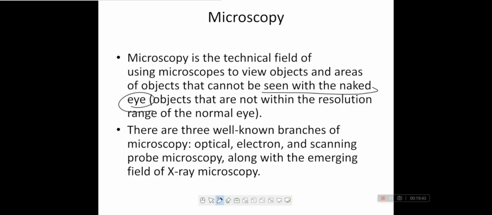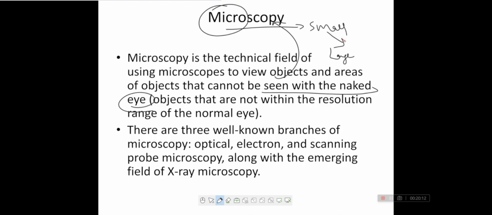The substances or microbes which are not seen by the naked eye are seen with the help of a microscope. From the name it is clear, micro means small. We see these small things in a large form.